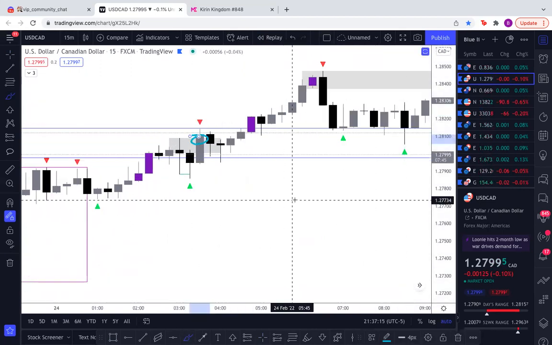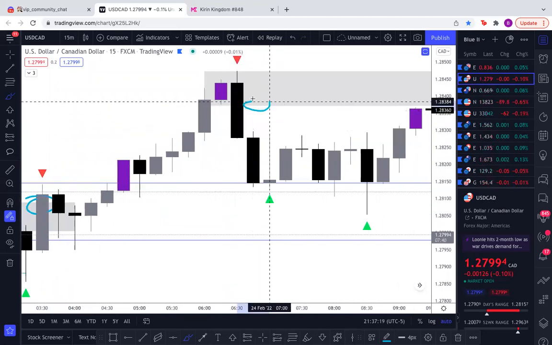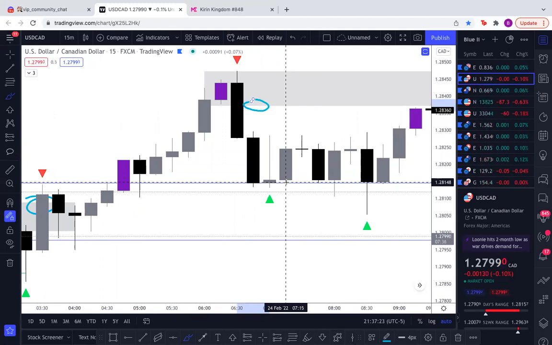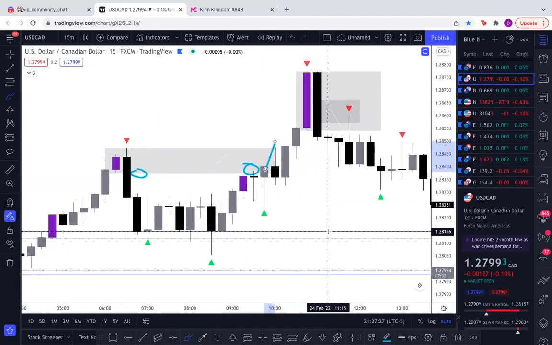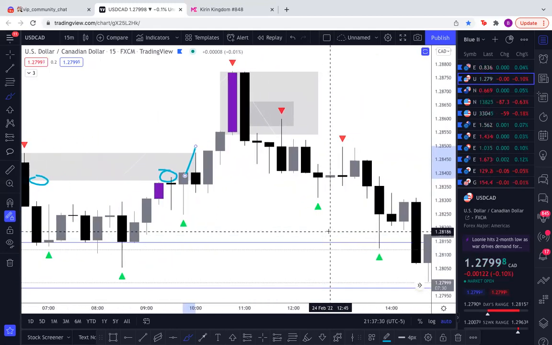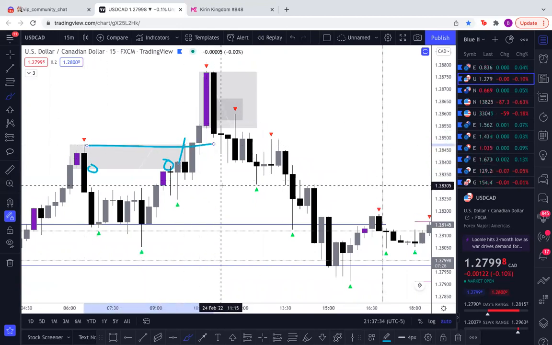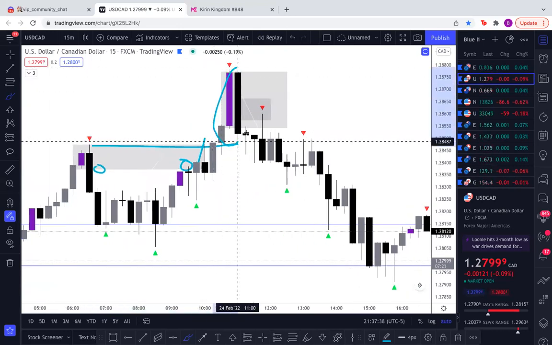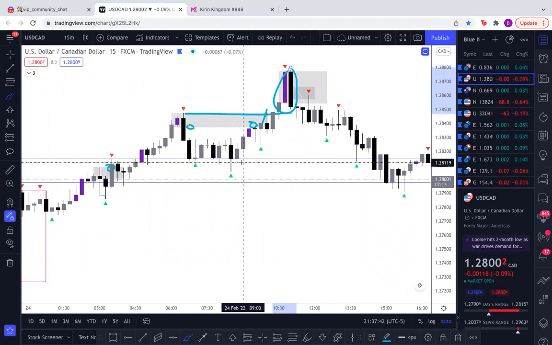Now we wait for another engulfment. Here's that engulfment. Is it an instant entry? No. So we automatically assume to risk less. We could have started hopping in here, SL. Then if we're patient, we get one more, a sweep to the high here, a very, very clean bearish engulfment.